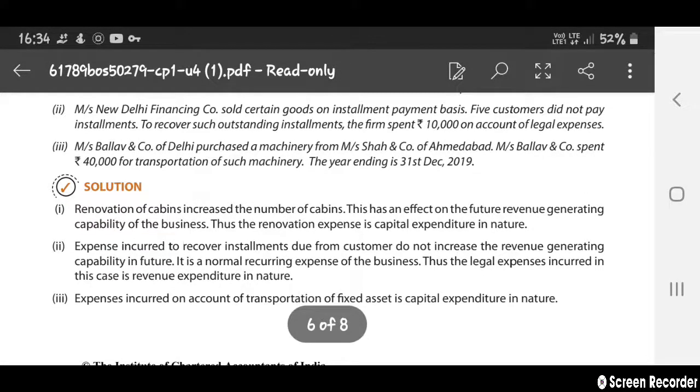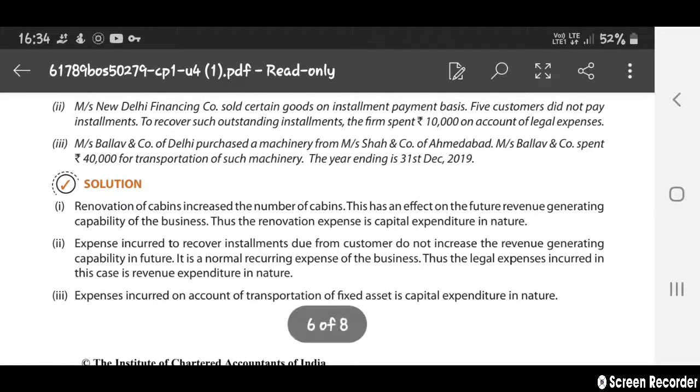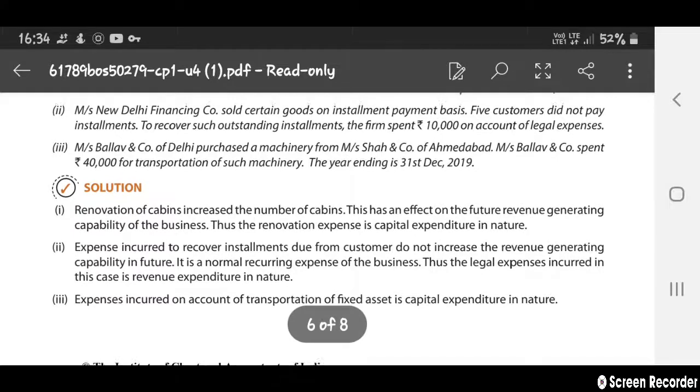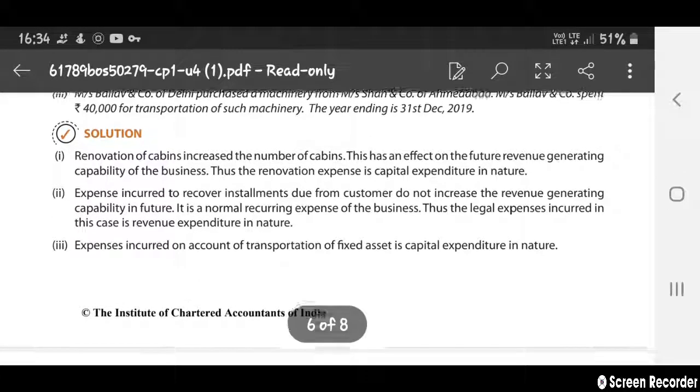Next, Messrs. New Delhi Financial Corporation sold certain goods on an installment payment basis. A few customers did not pay installments. So to recover such outstanding installments, the firm spent rupees 10,000 on legal expenses.